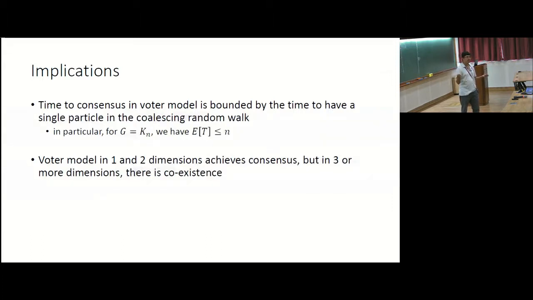The question is, do they ever meet? If they meet, then these 2 sites are going to reach consensus, and if they don't meet, then they don't. In 1 and 2 dimensions, the random walk is recurrent, so any 2 random walks will eventually meet, whereas in 3 or more dimensions, they may not meet.